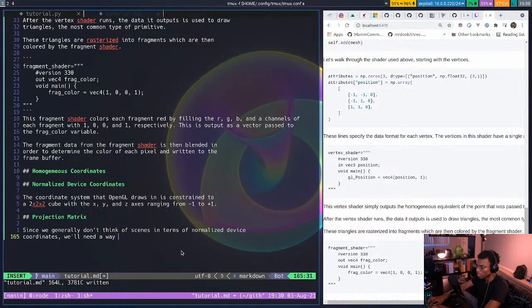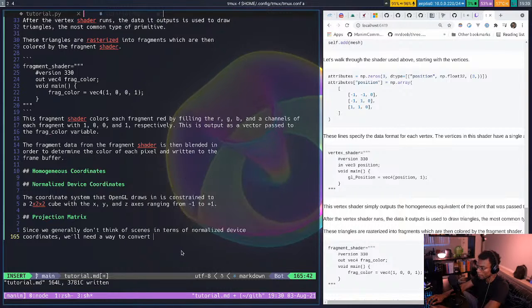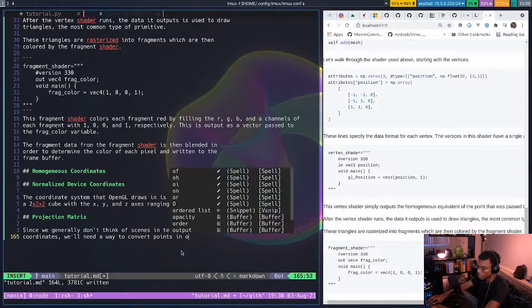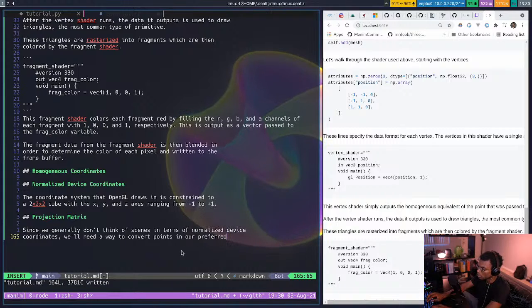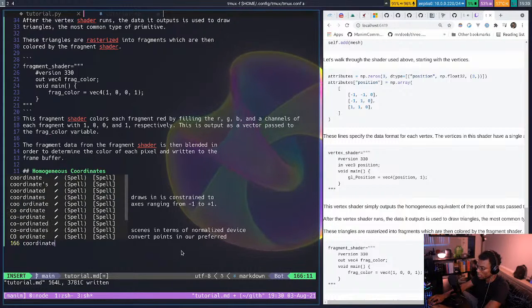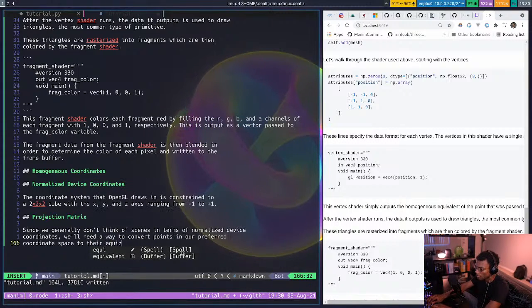We'll need a way to convert points in our preferred coordinate space to their equivalents in normalized device coordinates.